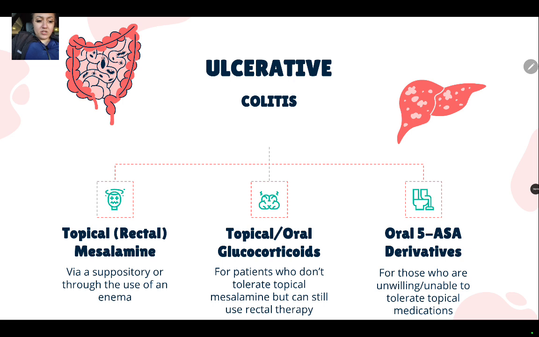For this one too, topical mesalamine via rectal suppository or through the use of an enema is going to be your first line treatment for mild disease, with symptomatic improvement expected within a week of initiation. So FYI on that. Those are going to be your main ones. A lot of them are going to be very similar to the same ones that you will prescribe in Crohn's.